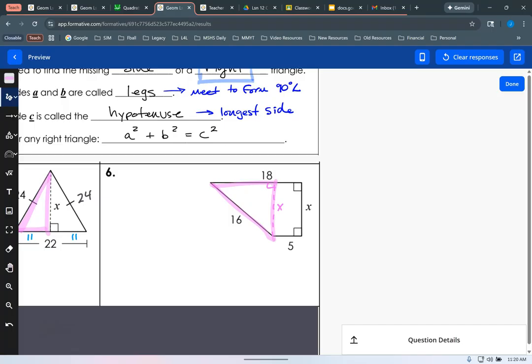Okay, but here's the question. We're looking for a leg. The leg is x. The hypotenuse is 16. What's the length of the other leg of the triangle? 13? I don't see a 13 up there. 18 minus 5. Oh, okay. All right, I see what you're saying.